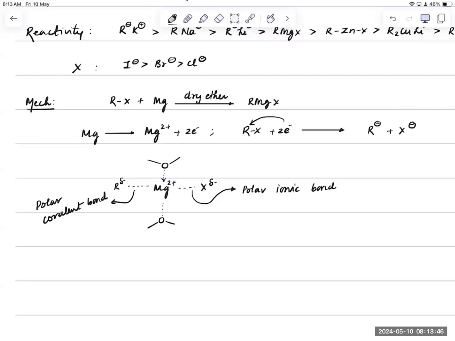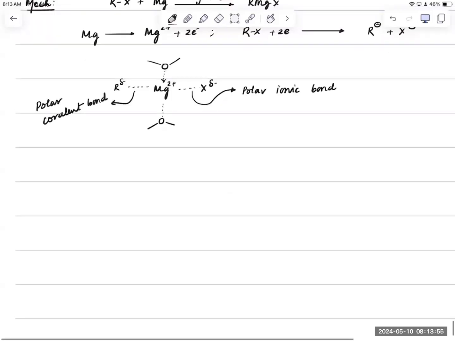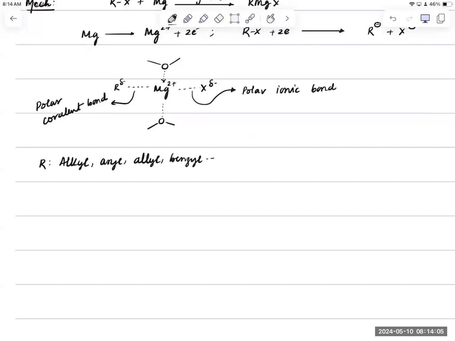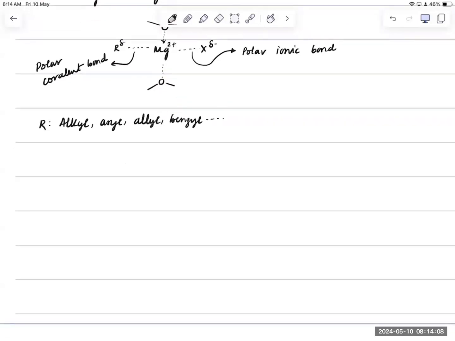Now this R could be of any kind: alkyl, vinyl, alkynyl, phenyl, allyl, benzyl, any form. It could be an aryl group, allyl group, benzyl group, and so on. It is not necessary that it has to be only alkyl.